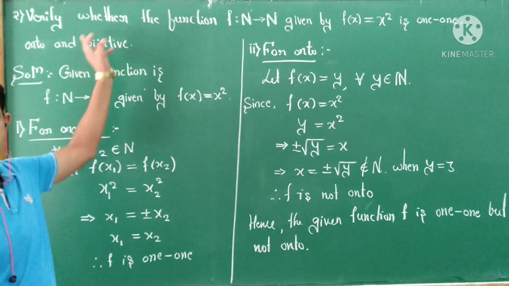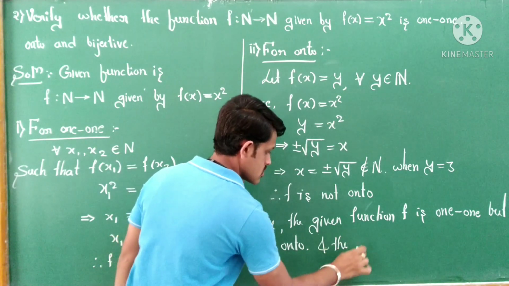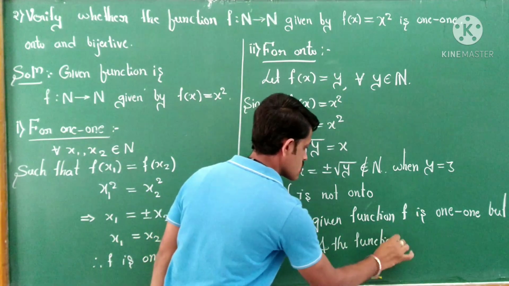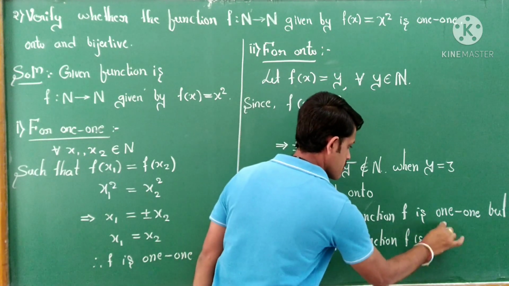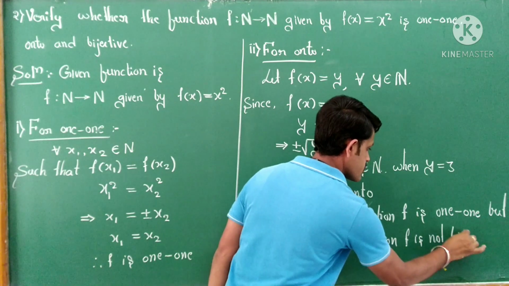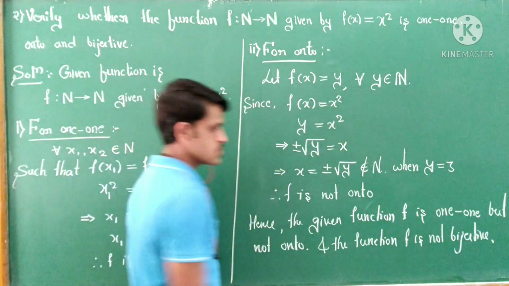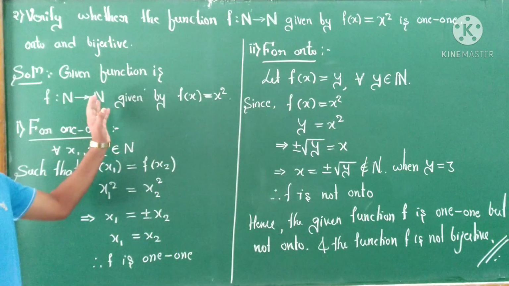Therefore the function is not bijective, and also the function f is not bijective. So this is the way to prove this variety of example. I hope it is clear.